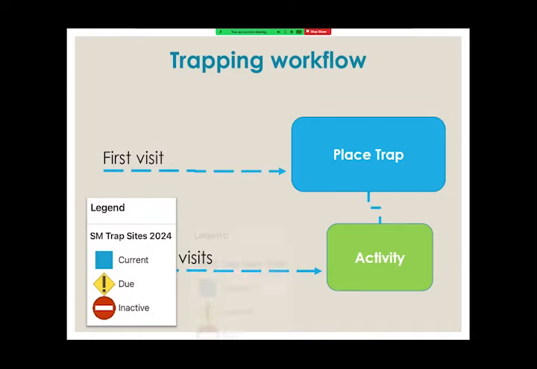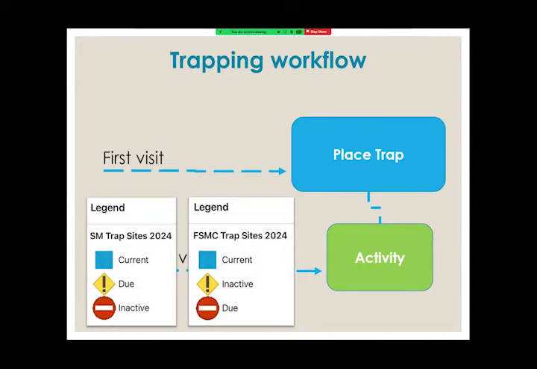And it has the same symbology. Here's the flighted Spongy Moth complex symbology. So even on the map at a visual glance, you can see which locations are current or due or have been decided as inactive. And if the activity is removed, the status will update to inactive.